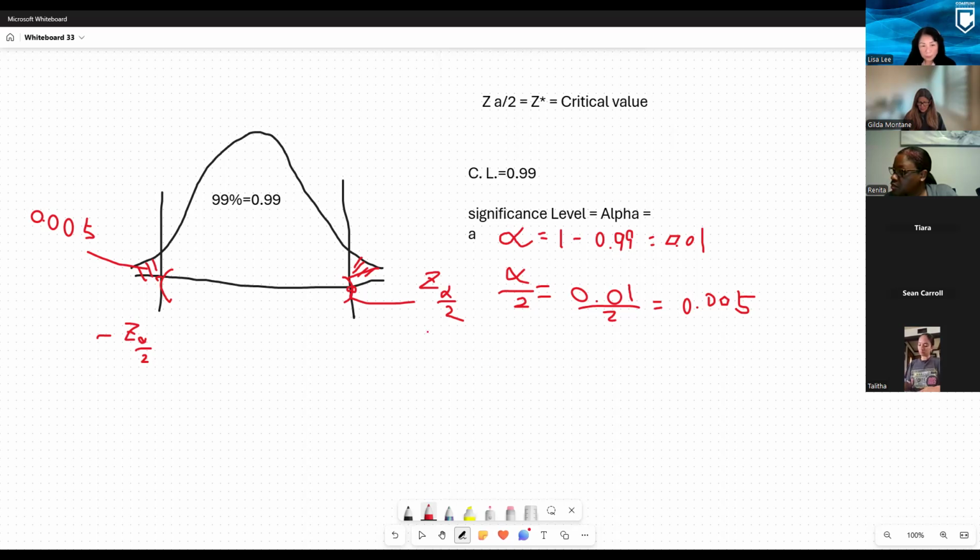We are looking for the area 0.005, or adding it to the 0.99 in the middle together, the area to the left of the critical value will be 0.995, and you can add one more 0 to make 4 decimals.